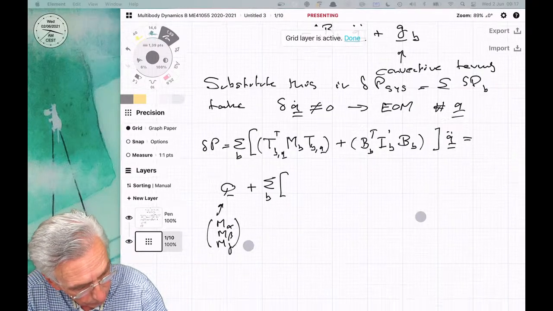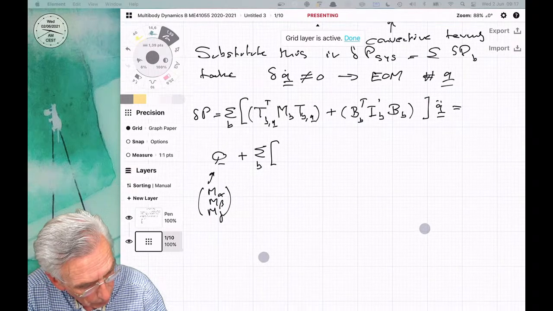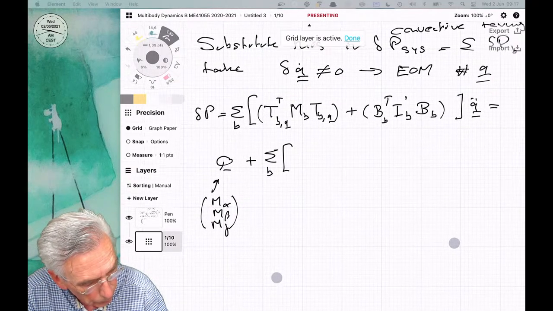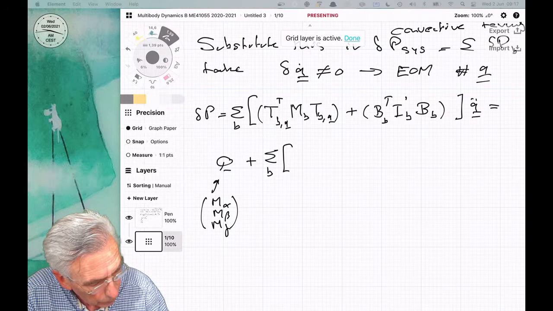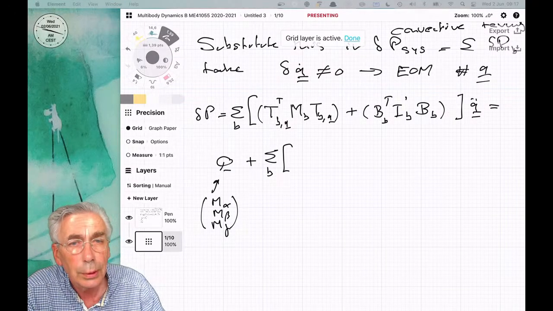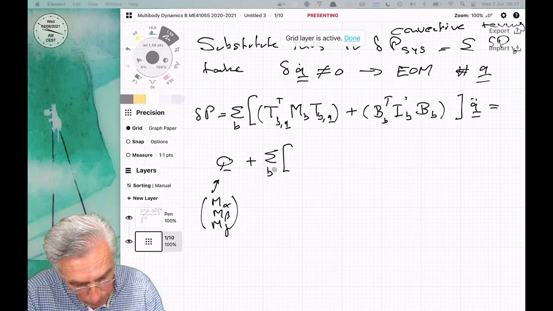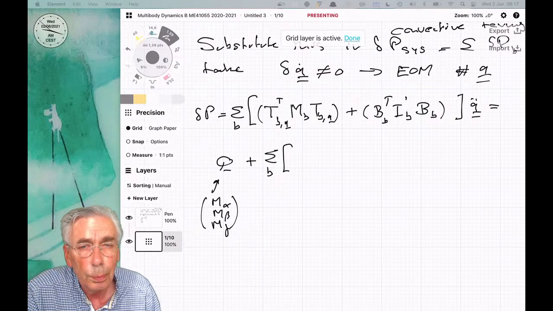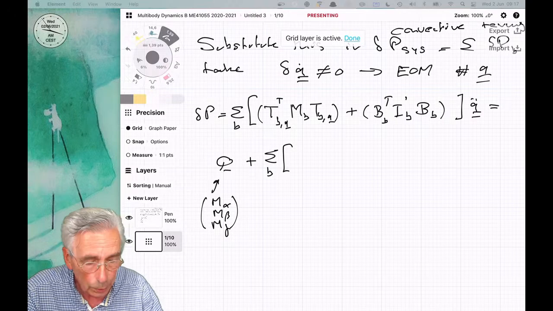Okay. Then the right hand side equals generalized forces, and again we can write that in two parts. That's the right hand side of the equation.